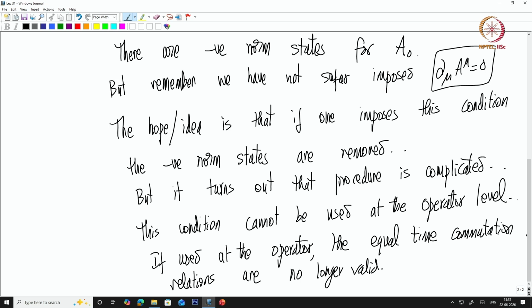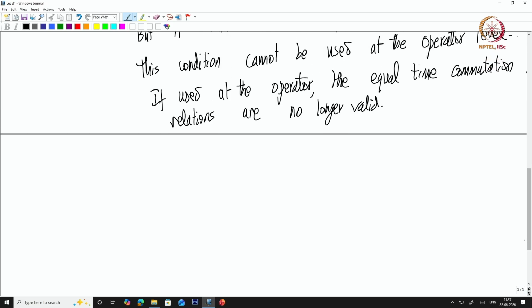Now, the moment you impose it at the operator level, this will not work. So, one needs conditions not at the operator level.